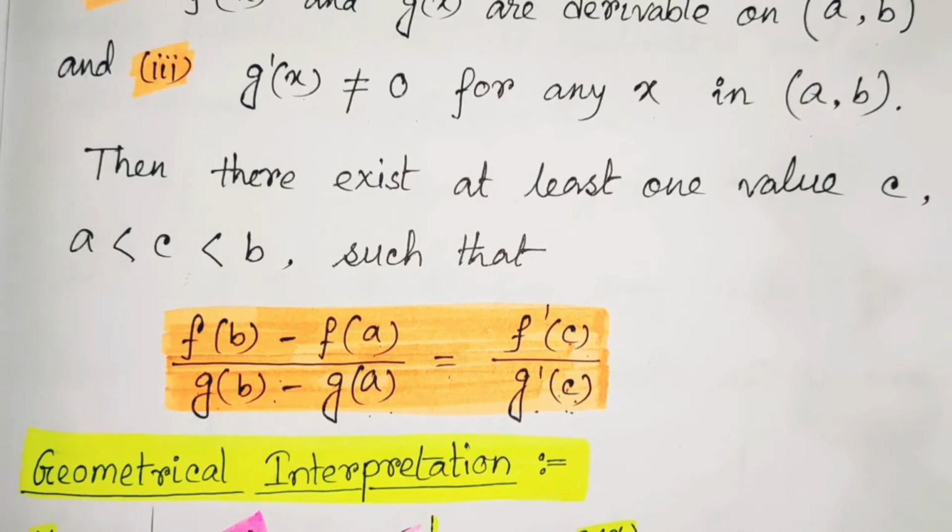But in a practical situation that will not happen. Why? Because it is not possible on a live road for a bike to keep a uniform speed. It sometimes goes down, sometimes goes up.